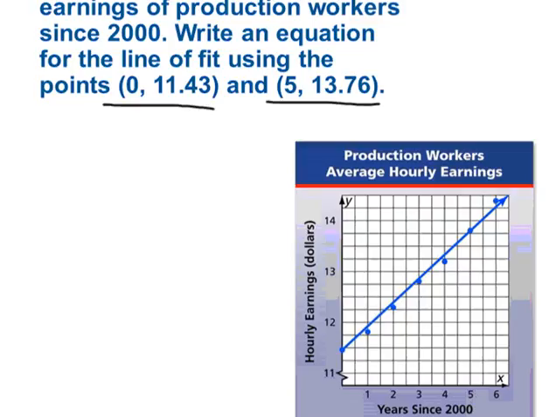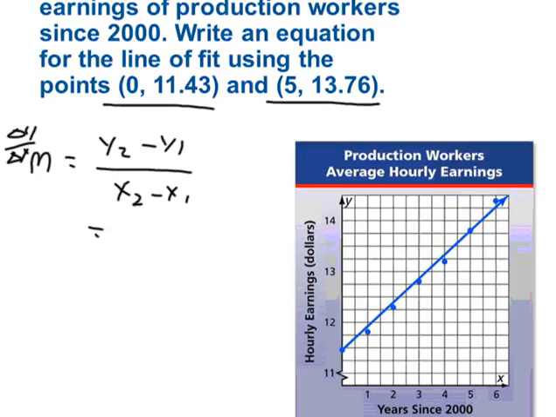So I'm going to say then that m, or my slope, is equal to y2 minus y1 over x2 minus x1, or that's another way of saying the change in y over the change in x. So 13.76 minus 11.43 over the change in x, which would be 5 minus 0.